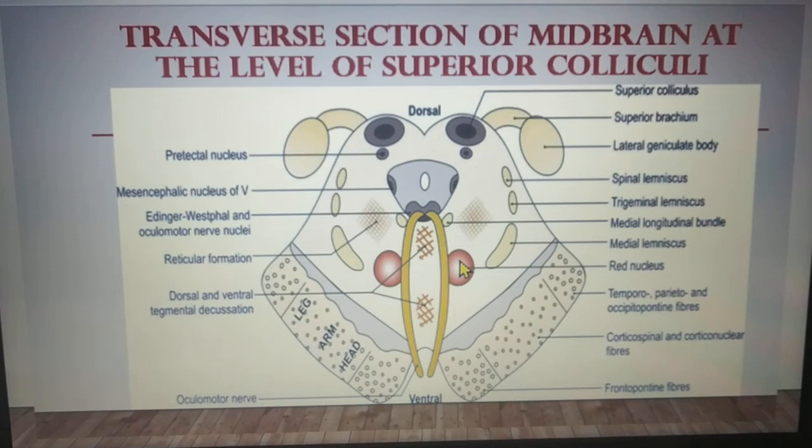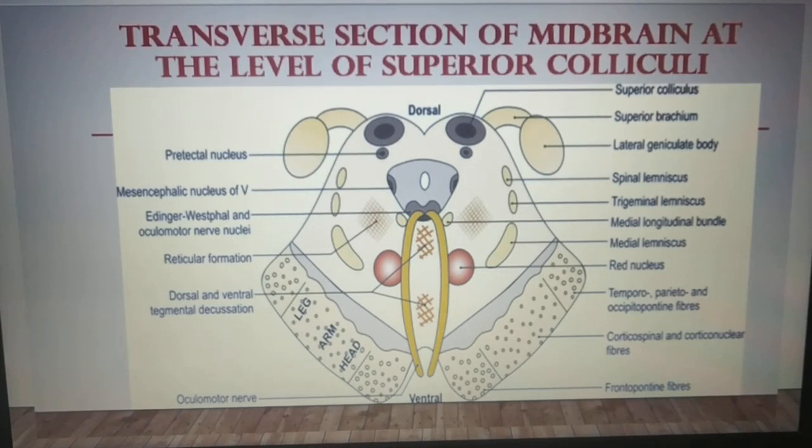The fibers from the cerebellum that reach the red nucleus, relay on it and reach the spinal cord are called the cerebello-rubrospinal tract. So, as I have already mentioned, red nucleus is concerned with the muscle tone, the motor action.